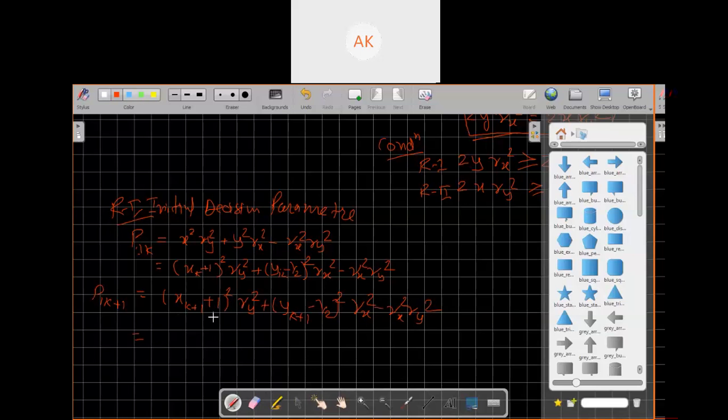In your x_k+1, put the value here, x_k+1, into ry² + y_k+1. You cannot write y_k−1 or y_k, because we are ultimately calculating this point. So you have to write the same (y_k+1 − 1/2)² rx² − rx² ry².